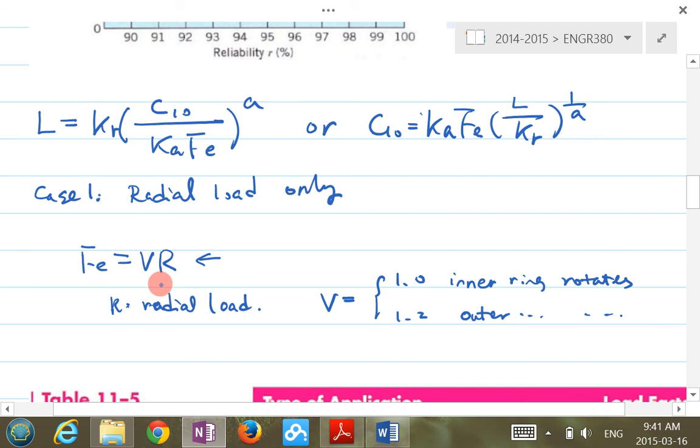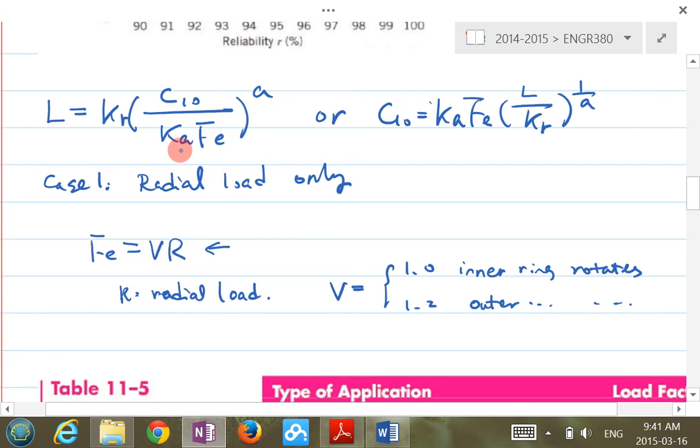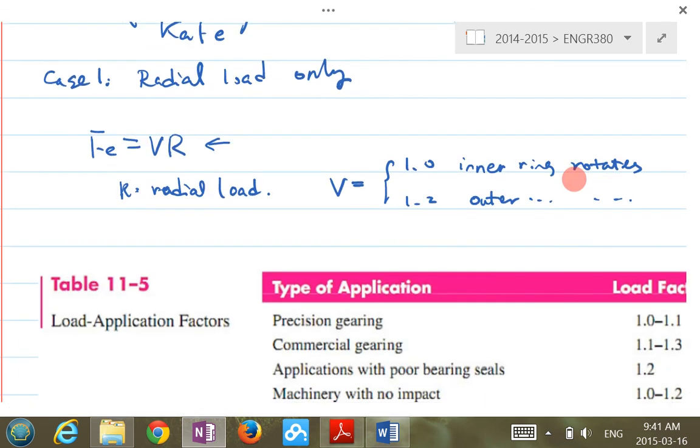So how about this Ka here? Ka is another modification factor, called the loading factor, and you basically take that from table 11-5.